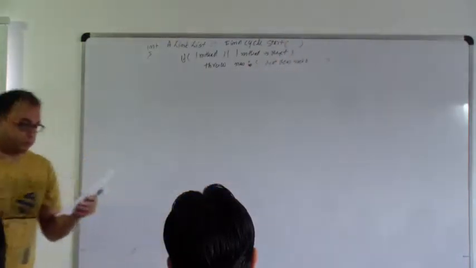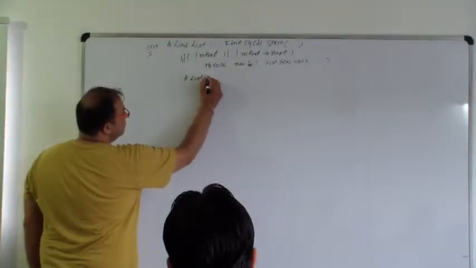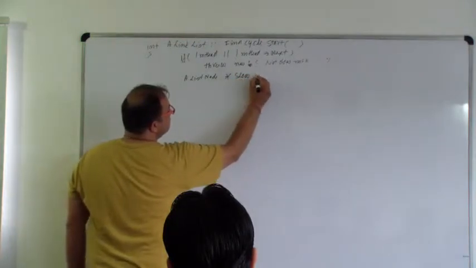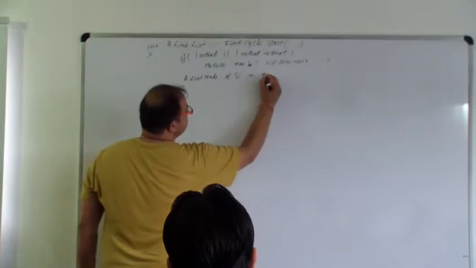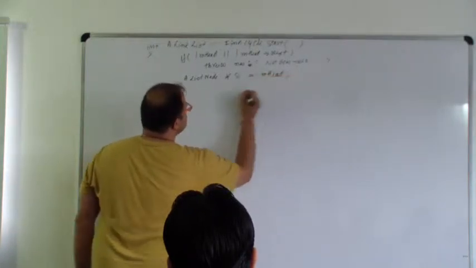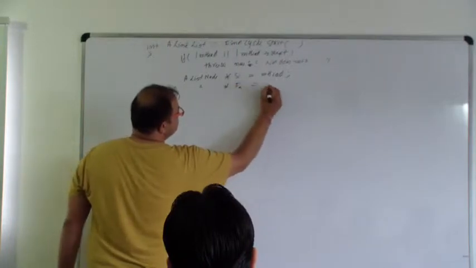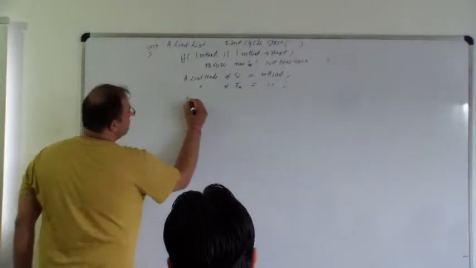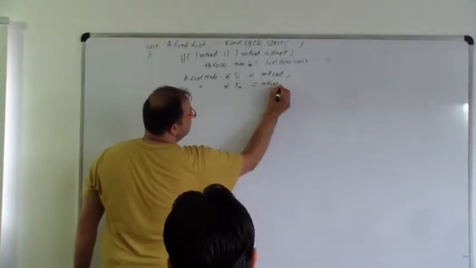Whatever. Okay. We'll take two nodes, a list node star slow, I'll just write s. Slow is equal to m head. This node star fast is equal to m head arrow next. Sorry, m head arrow next.